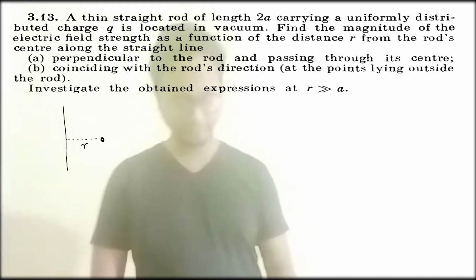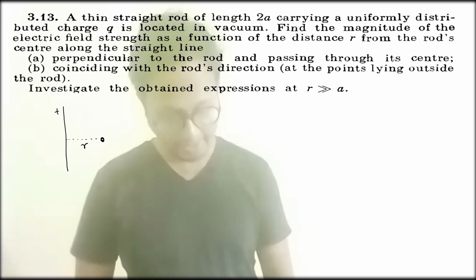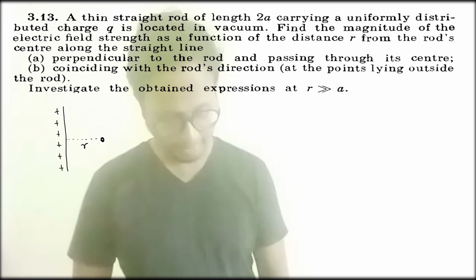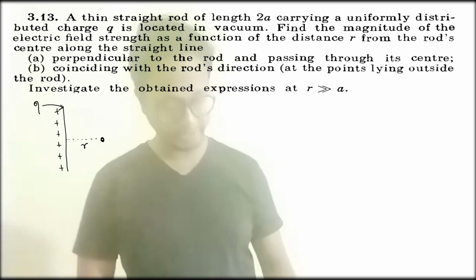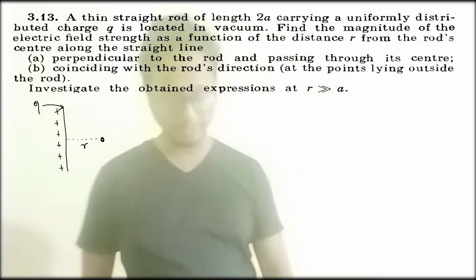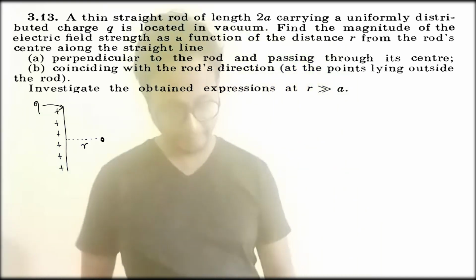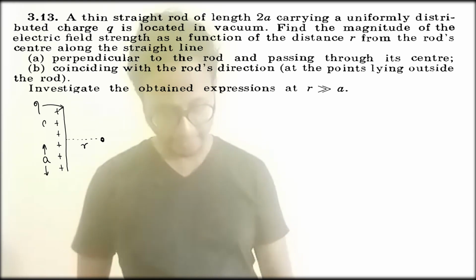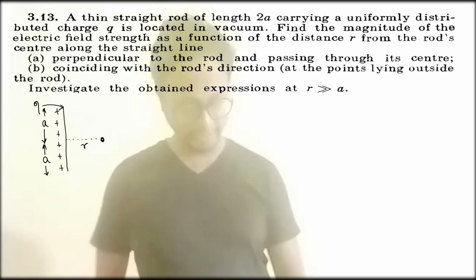The rod has uniformly distributed charge, where Q charge is distributed throughout the length of the wire. We have to find the electrical field out here. This length is a, and this length is also given as a. So what is the electric field out here?